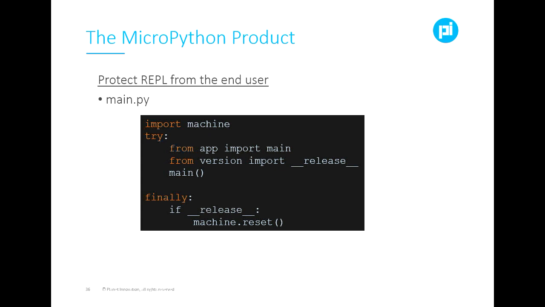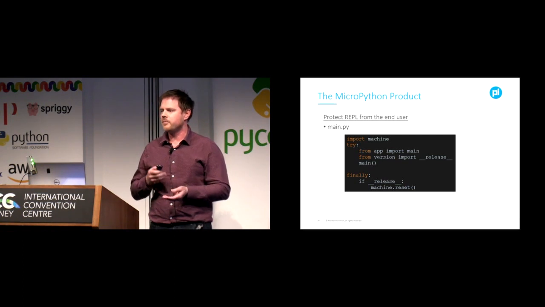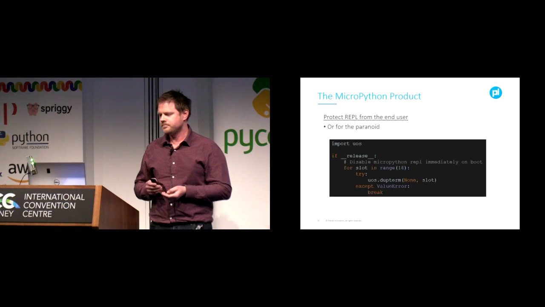If you've got your main file running as an infinite loop, as would be typical in embedded, then really the only way to get out of that is through an exception. So if your top-level file catches that exception and, in our case, checks if it's a release build, if so, it'll just reboot it. So the REPL never really gets to the serial port, even in the first case.